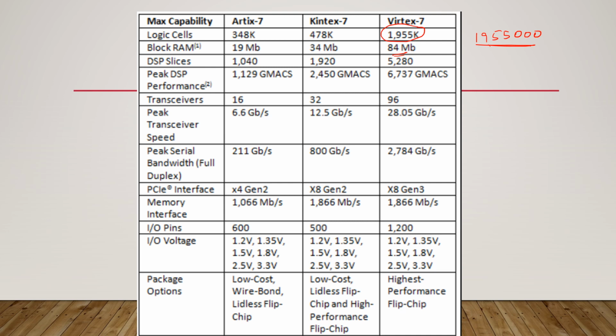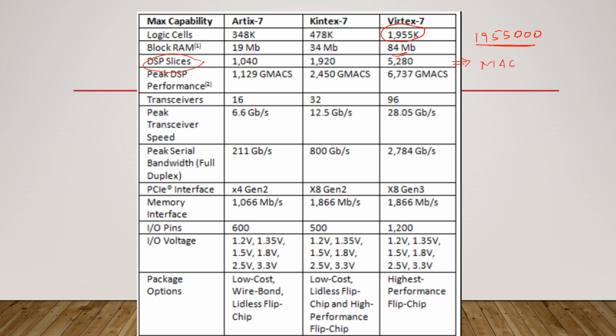The DSP slice: why are we using this DSP slice in an FPGA? If you want to perform any signal processing function, we can use these DSP slices. It has the MAC unit, right? Multiplier and accumulator unit, which can speed up the operation, right?